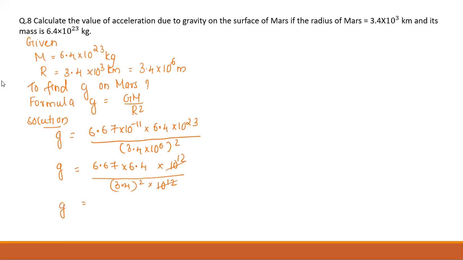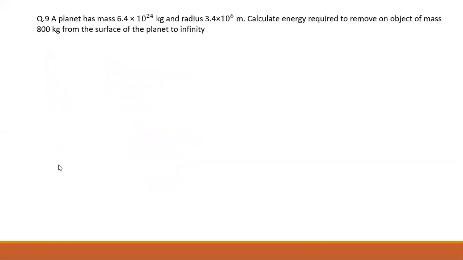On solving this, 6.67 into 6.4 upon 3.4 the whole square, we will get 3.693 meter per second square. This is the value of acceleration due to gravity on Mars. I hope you all understood this one. Let us solve the next question.